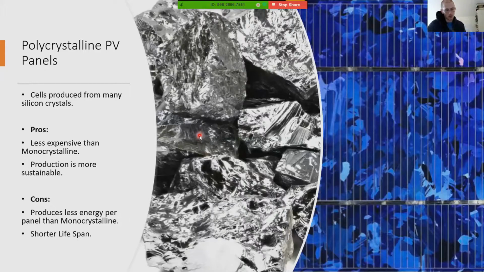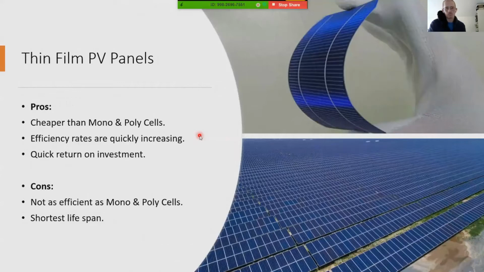As far as polycrystalline, they have efficiency ratings of between 15 and 22%, and they can last anywhere between 23 and 27 years on average. And thin film photovoltaics, their efficiency rating can be as low as 7% and as high as 22%, and they usually last between 10 and 15 years.